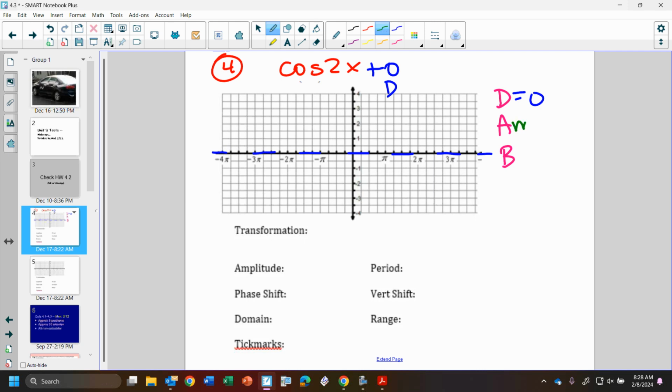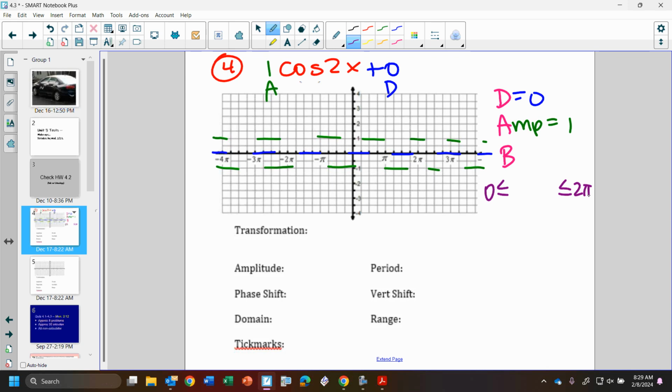What's my A, my amplitude? 1. Good. So that means the graph's going to go 1 above the dividing line and 1 below the dividing line. And the B, the bookends, always start your bookends between 0 and 2 pi.